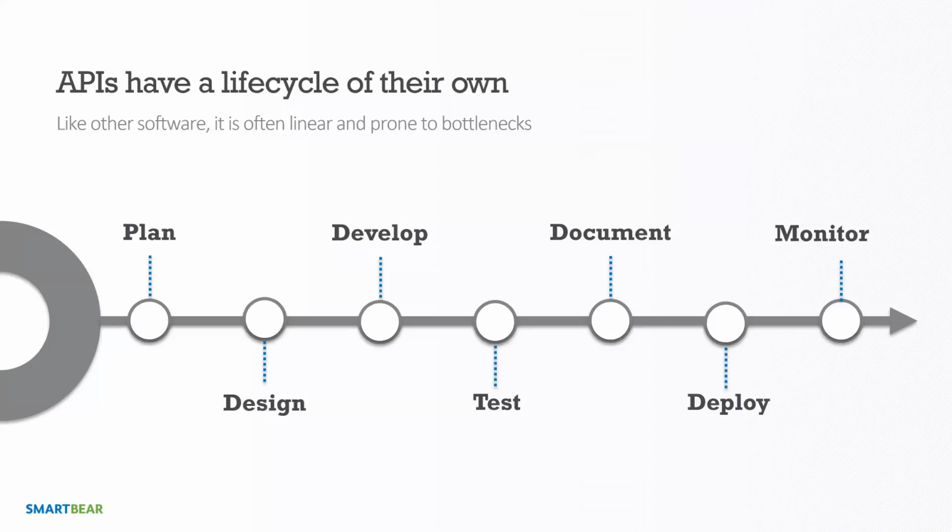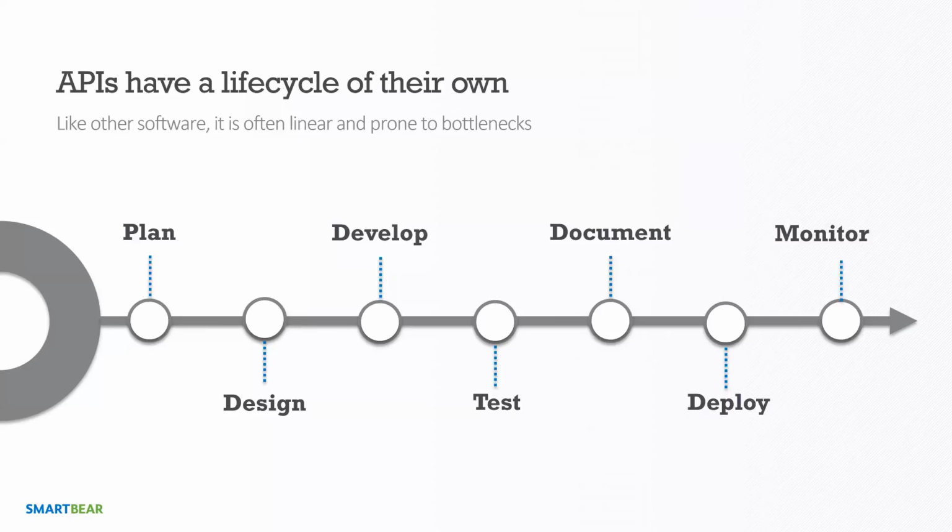All right, to start us off today, APIs have a life cycle of their own. As they're maturing, as they're becoming a full product feature in our software portfolio, they have their own linear and oftentimes bottleneck-prone life cycle. So here we have our planning stage, and then design, develop, and test. These closely mirror the traditional software delivery life cycle.